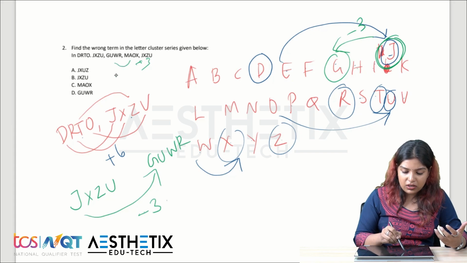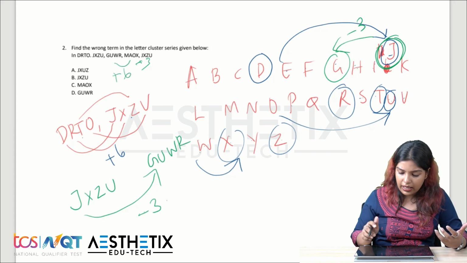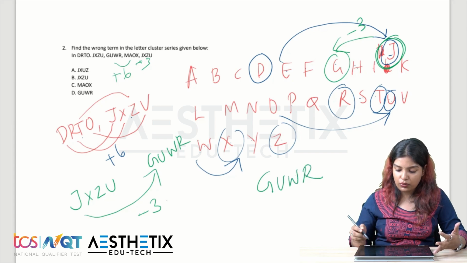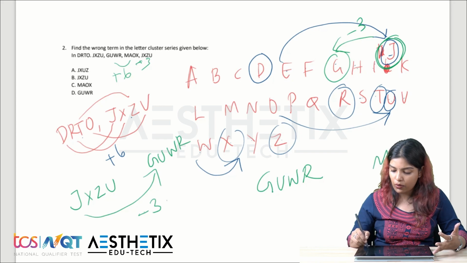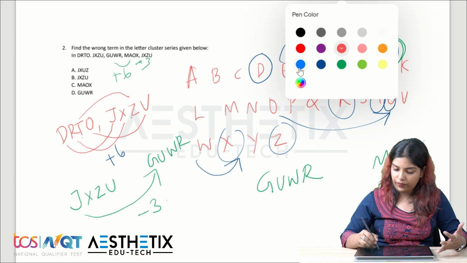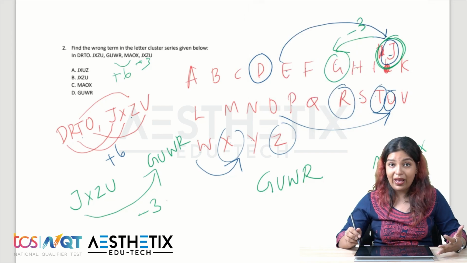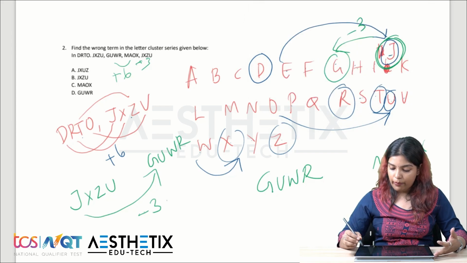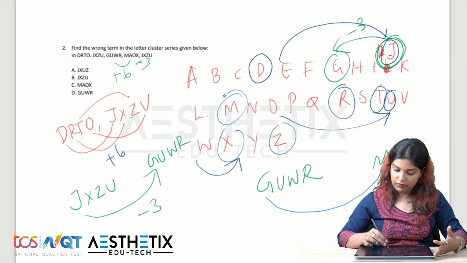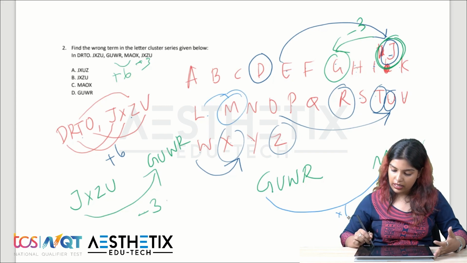So here the pattern should be plus 6, but if I try to find a relation between GUWR and MAOX, there is something wrong here, because the pattern should be plus 6 only. If I connect J with M, 1, 2, 3, 4, 5, 6, plus 6 is there.